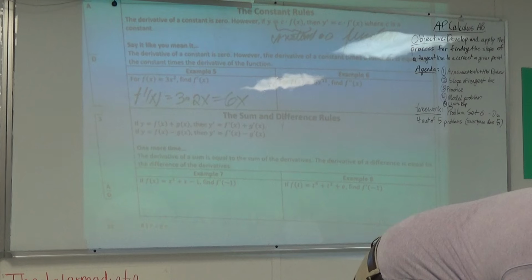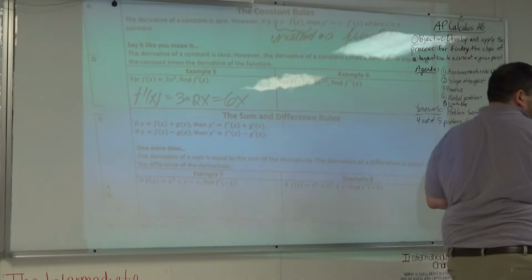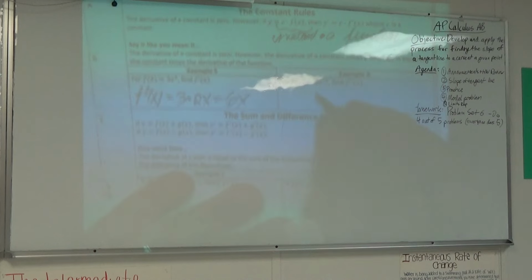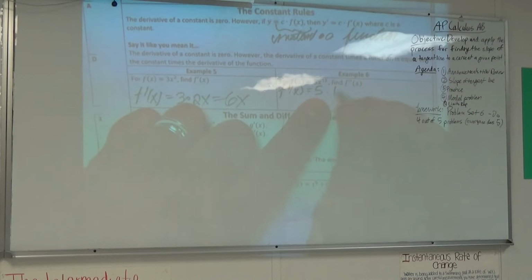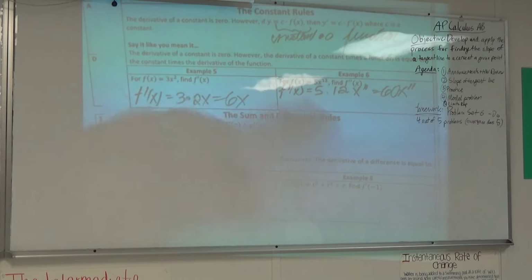So f prime equals 5 times 12x to the, what's the power? 11. Walking around, I saw this on a lot of papers. F prime: ignore that 5, the derivative of x to the 12th should be 12x to the 11th, even better, 60x to the 11th power.